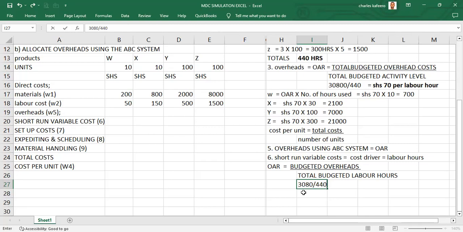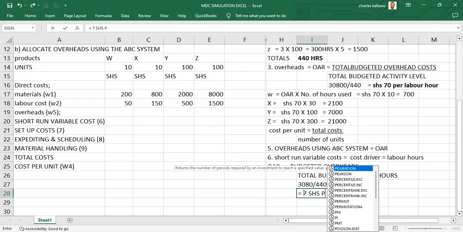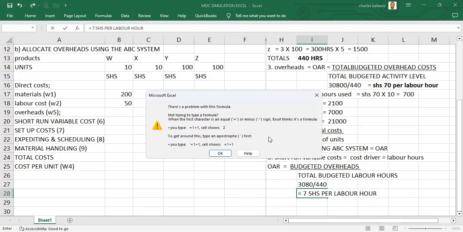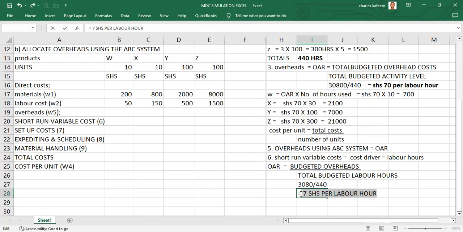And this will give us 7 shillings per labor hour.